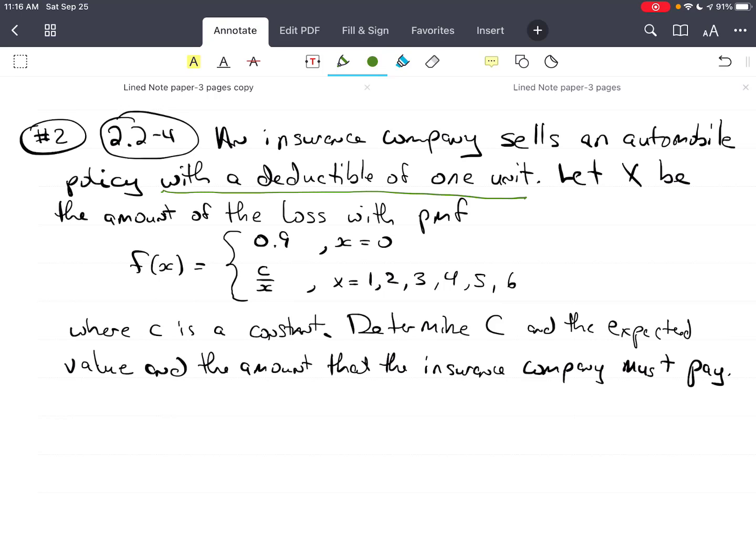Okay. We're going to let capital X be a random variable, and it's going to represent the amount of loss that's suffered by the policy holder, not the company, but the policy holder.